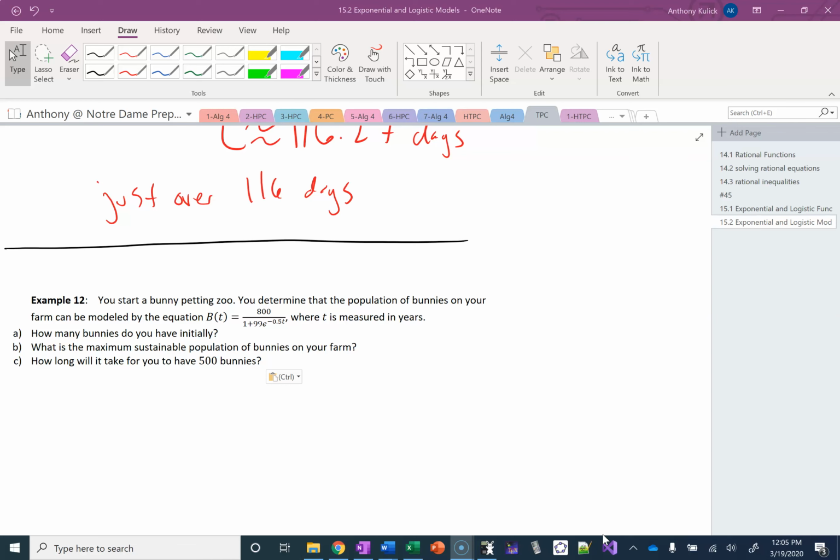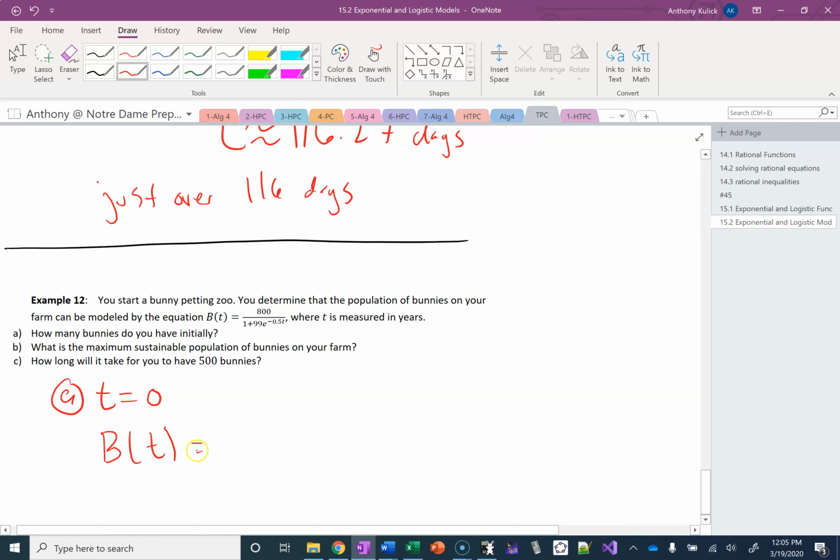So we ask first, how many bunnies do we have initially? So initially is when time is equal to 0. So what we want then is B of 0. That's 800 over 1 plus 99 e to the negative 0.5 times 0.